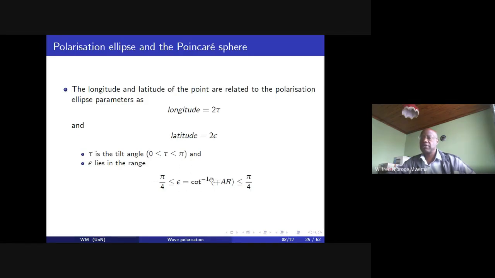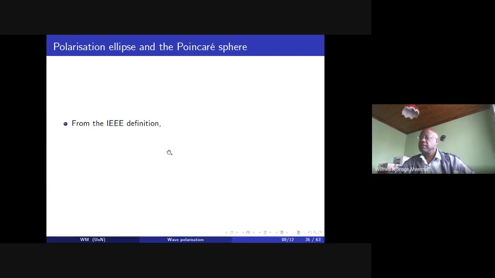Epsilon is the arc cotangent of minus or plus AR, where the negative value of AR is from the IEEE definition. AR is negative for right-handed polarization and positive for left-handed polarization.